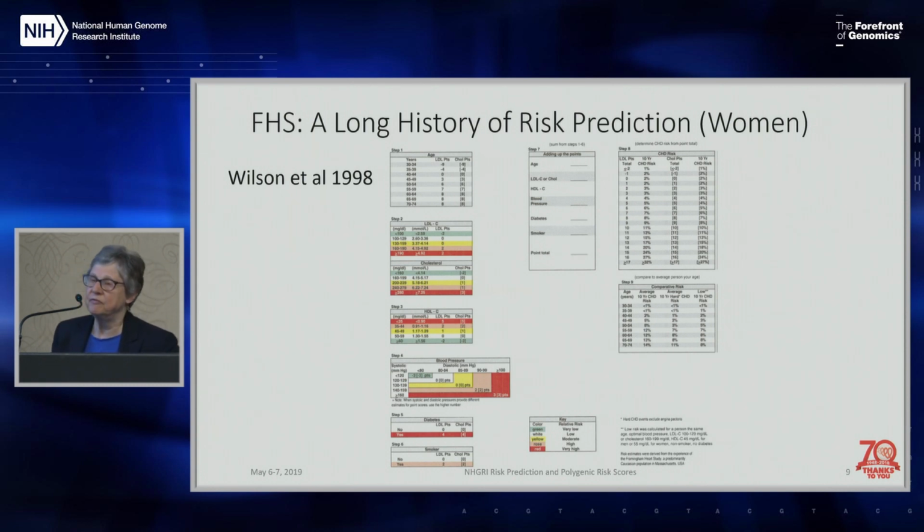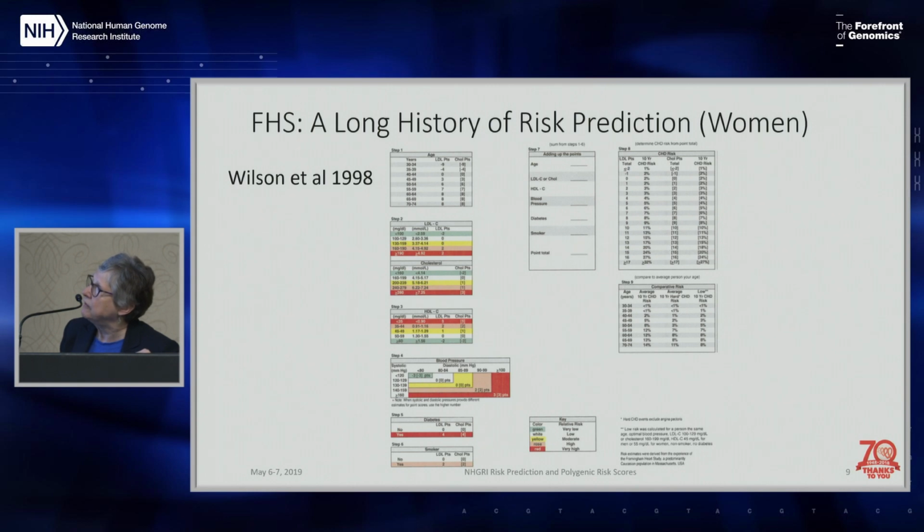So here is a figure from the Wilson paper. You probably can't see it particularly well, but up here, this is age, this is LDL or cholesterol. You had a choice of which of those you wanted to use, because not every clinic measured LDL back in those days. You had HDL. It had a combination of systolic and diastolic blood pressure, diabetes, and smoking.